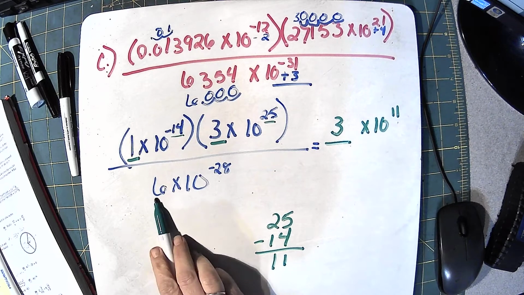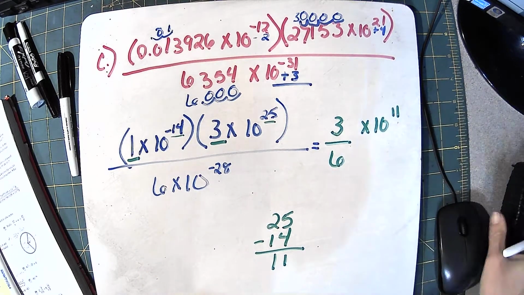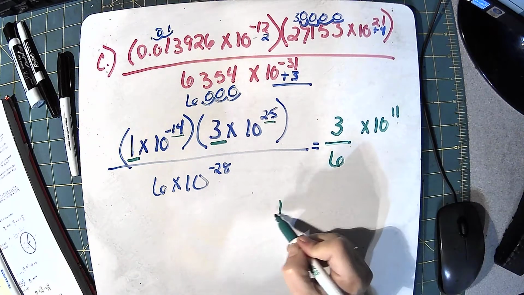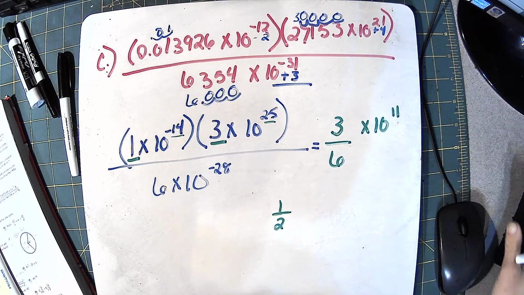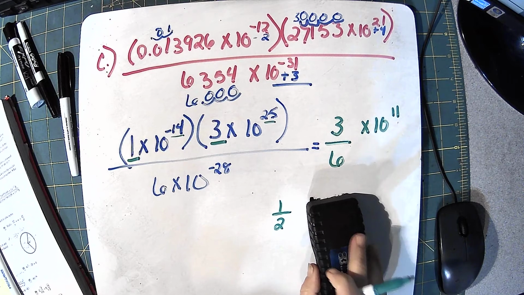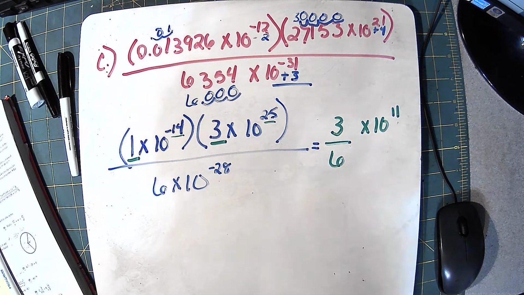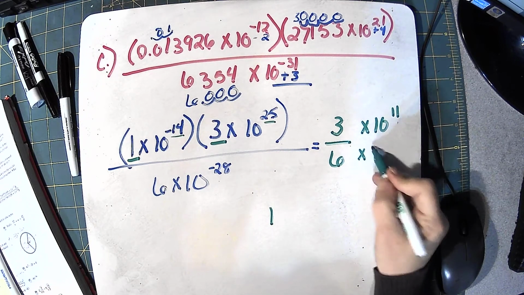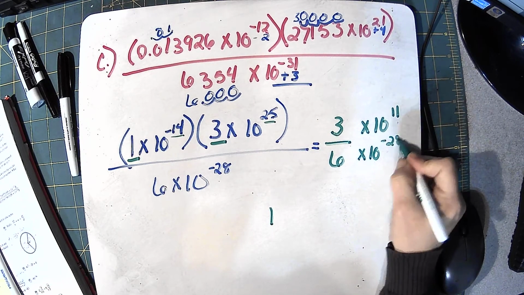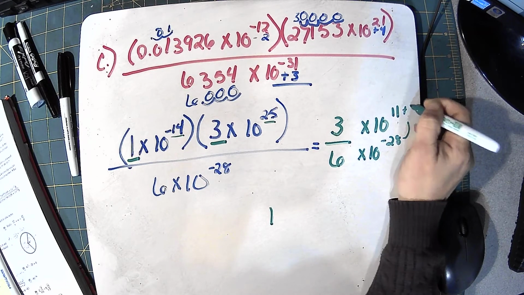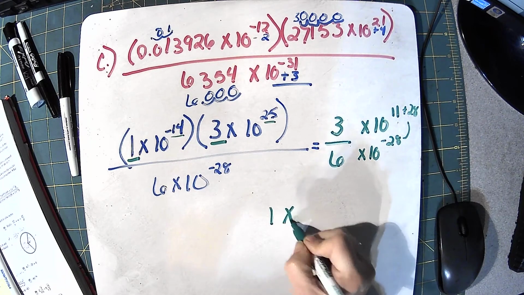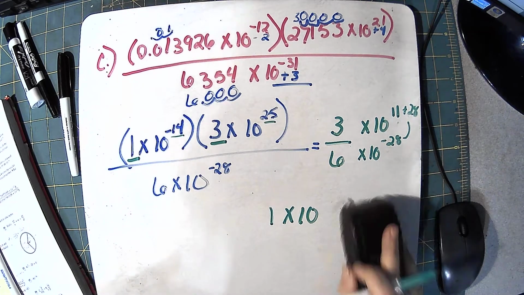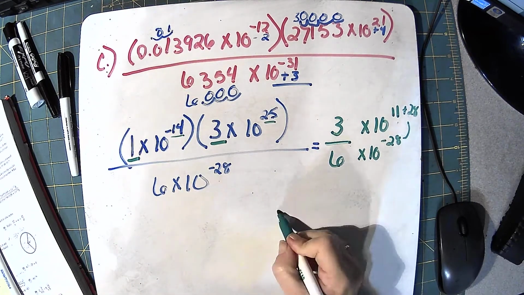Okay, and then that one doesn't multiply into anything, so 3 over 6, that's 1/2, which is closer to, I mean, we'd have to round that up to 1. Okay, and then we have times 10 to the negative 28, and when we bring that up, it's going to be positive 28. Actually, this is telling us to do 1/2 as 0.5.